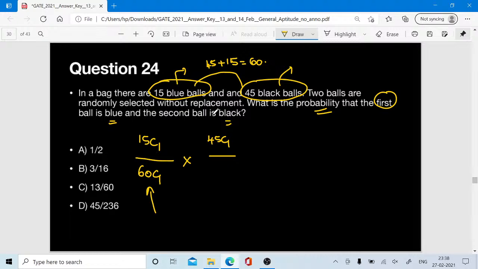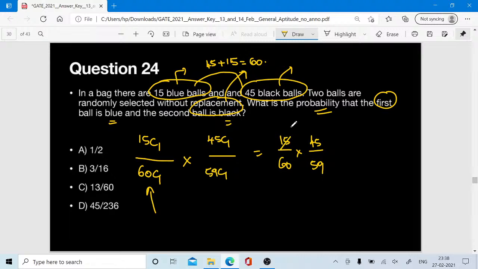They have told without replacement, that means I am not replacing this ball. The ball I picked is gone. So 60 minus 1 is 59, so this is going to be 59C1. Here 15C1 I know is 15 only. So this will be 60 into 45 by 59.